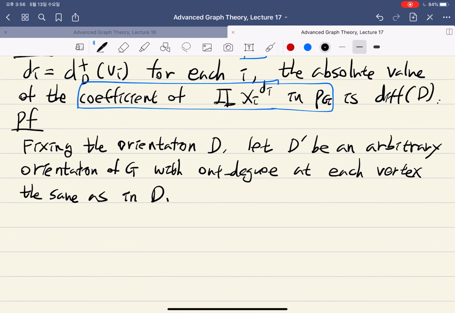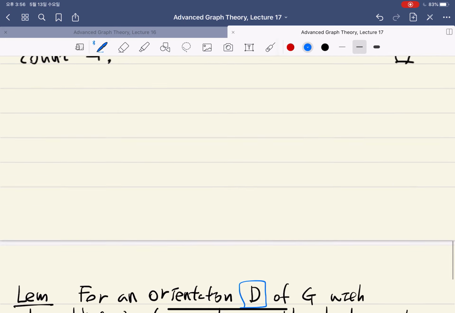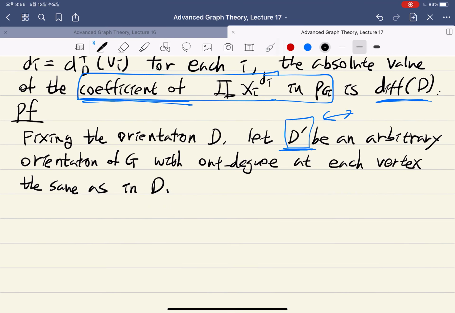Our goal is, for each D prime, to correspond it to a circulation inside D. If you count all such D prime, and then count the ones which are even and the ones which are odd, in terms of the parity of orientation, the number of decreasing edges, then that is exactly giving the coefficient. And then we want to connect it to the number of circulations inside D.